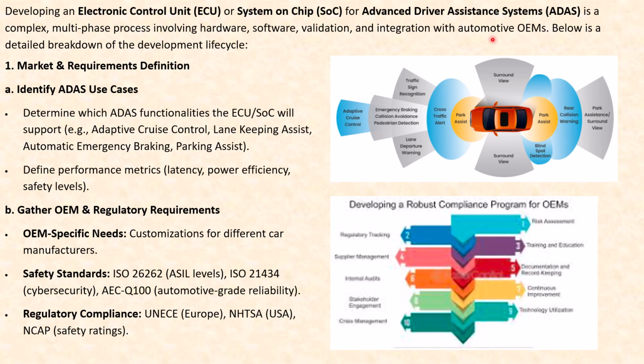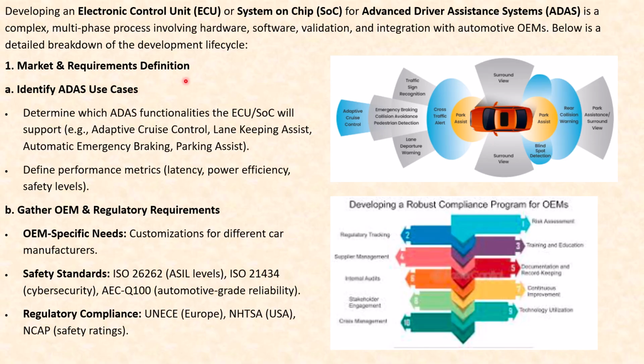For example, if you are a tier 1 who is developing this, you require collaboration with OEM and also tier 2 and tier 3, because an ECU comprises both hardware and software, and you need to interact with validation companies which specialize in validation. You need to collaborate with some companies which are simulation specific. So below is a detailed breakdown of the development life cycle.